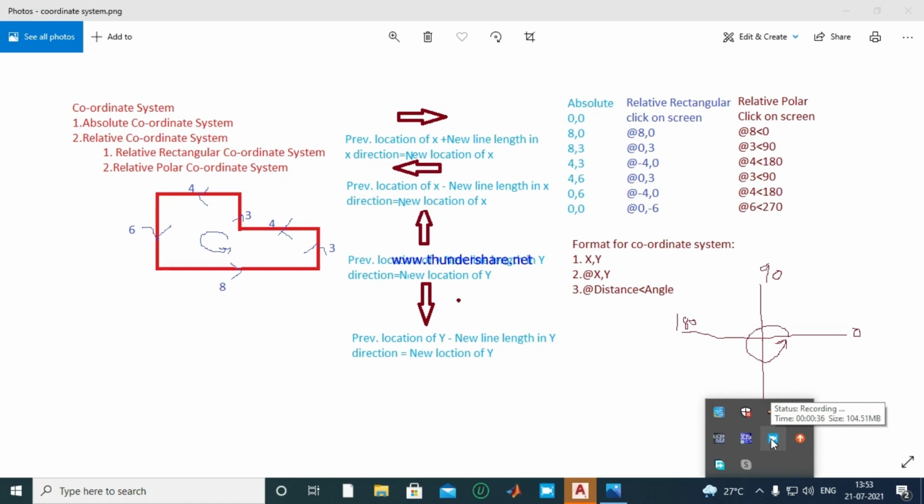There are mainly two types of coordinate system used in AutoCAD: absolute coordinate system and relative coordinate system. There are again two kinds of relative coordinate system: relative rectangular coordinate system and relative polar coordinate system.